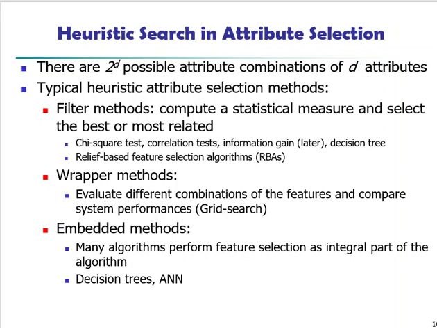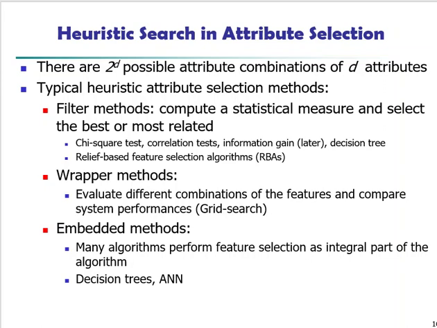One prominent example is decision trees. Another example is artificial neural networks, where you have the input, but the system can actually disable some of the features and learn different weights to combine a large number of different weights. So those are obviously the most convenient and the best way.